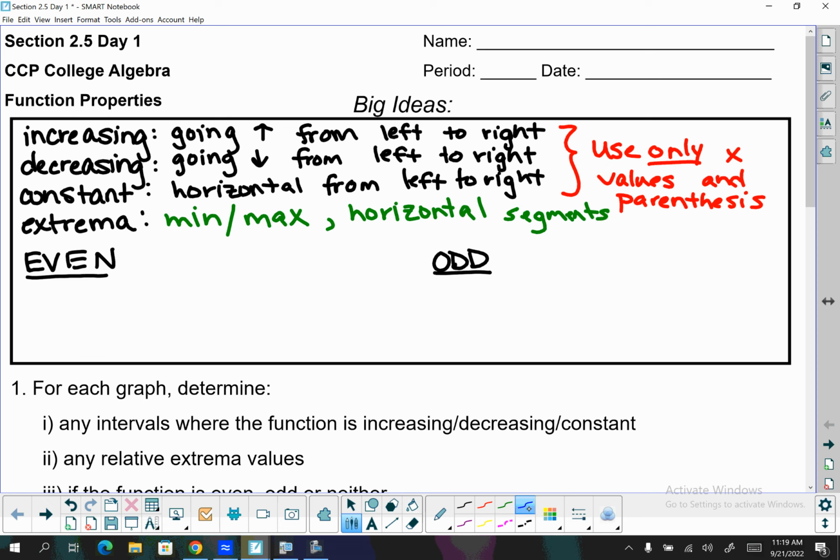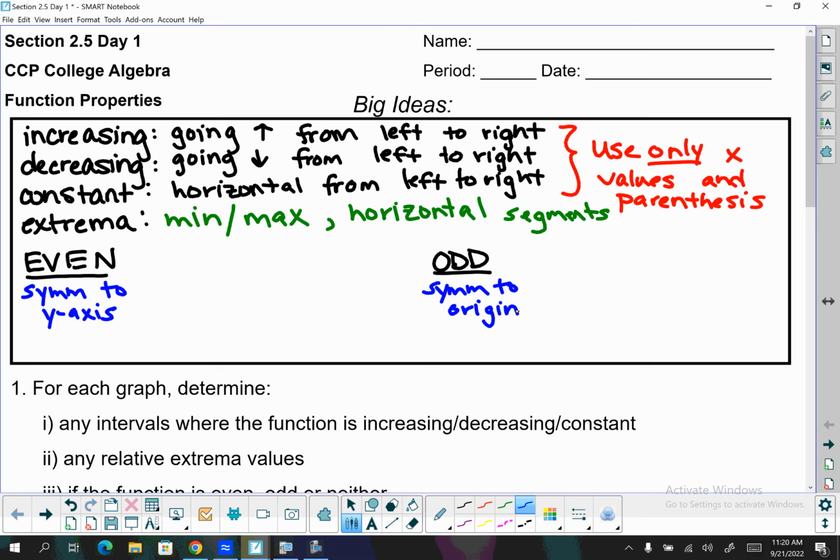Finally, and we'll add a little bit more to this later, even and odd functions. These are going to be fancy terms for things that we've kind of already talked about in the last chapter. Remember we talked about symmetry to the x-axis, y-axis, origin in the last chapter? If a graph has symmetry to the y-axis, it is even. If a graph has symmetry to the origin, it's odd.